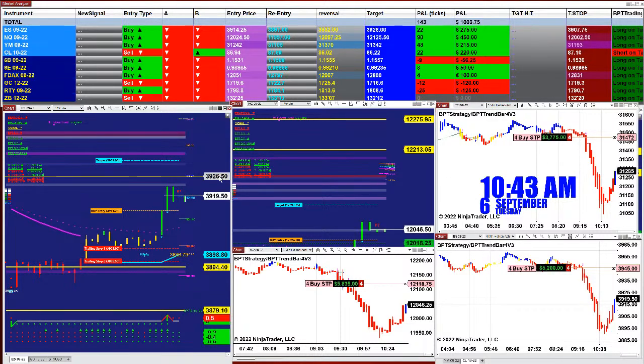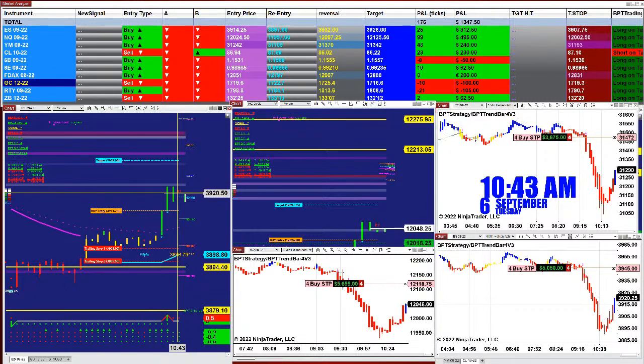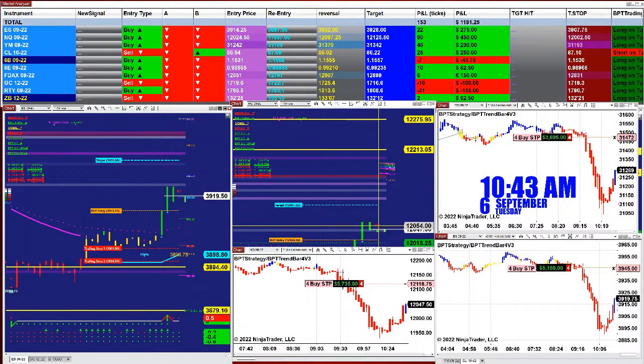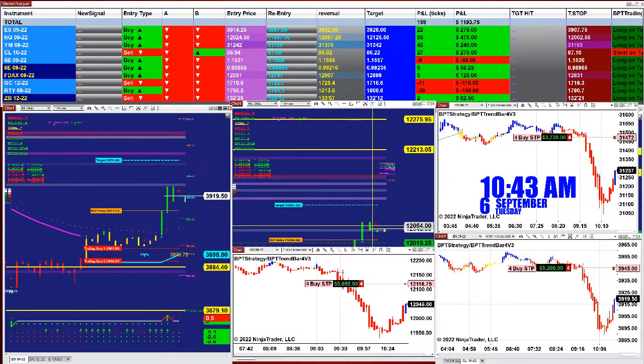Also, if we notice on the ES, there is a reversal signal. The reversal signal does not repaint. When the reversal plots in there, that means it is giving you a warning that this is really not a very good trade to the long side, especially the NASDAQ.